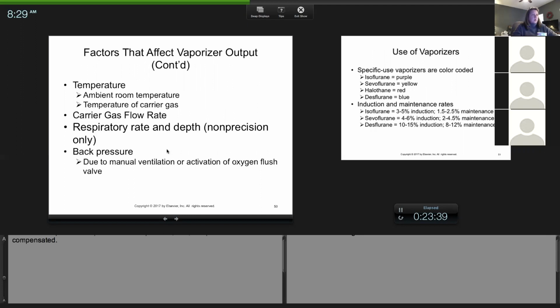So really it should be fairly temperature controlled, and the respiratory rate only affects the non-precision vaporizer. Respiratory rate doesn't affect the output of a precision vaporizer, because again, they're not breathing through it.